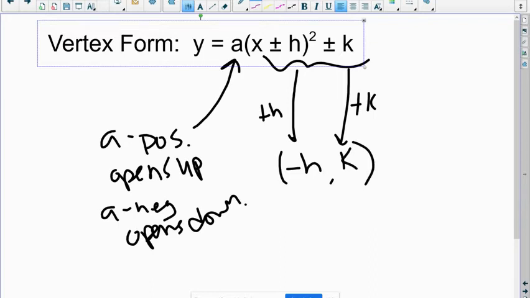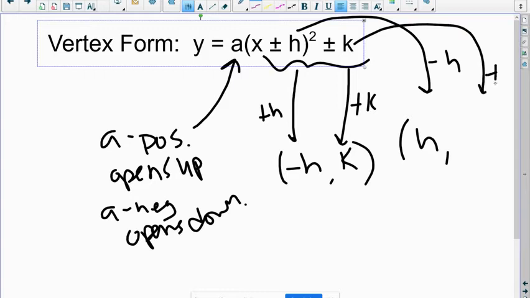So inside is opposite, outside it stays the same. If you have a minus h in the equation, then it's a positive h for my vertex. And if this is a negative k on the outside, it's going to be a negative k on the inside. So we want to keep that in mind as we look at some more examples.